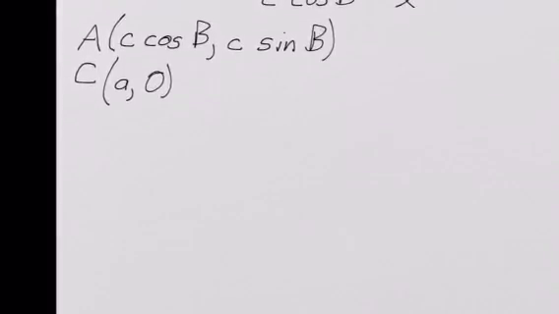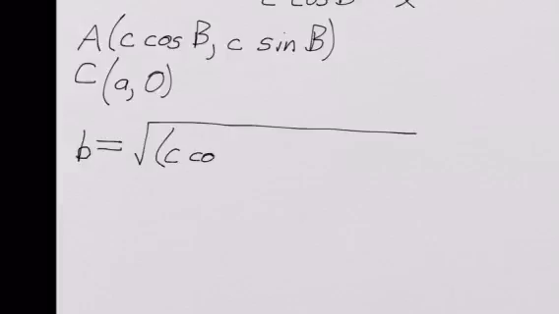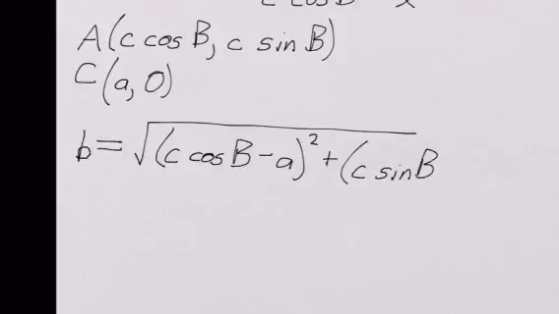So now we're going to find the distance between the points A and C as we've drawn the triangle. That is length b. So we'll apply the distance formula. So that's the square root of (c cosine B minus a) squared plus (c sine B minus 0) squared.